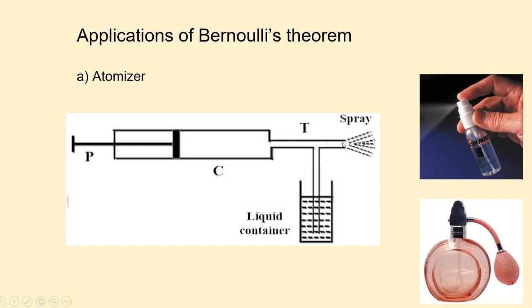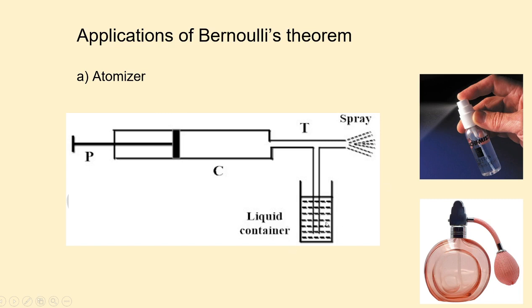So if we make this end very narrow, then again according to the continuity equation, the velocity of the spray will be higher, and we can spray the liquid into very tiny droplets. For a perfume bottle or a spray paint, the container with liquid is kept at a higher pressure with an air compressor.